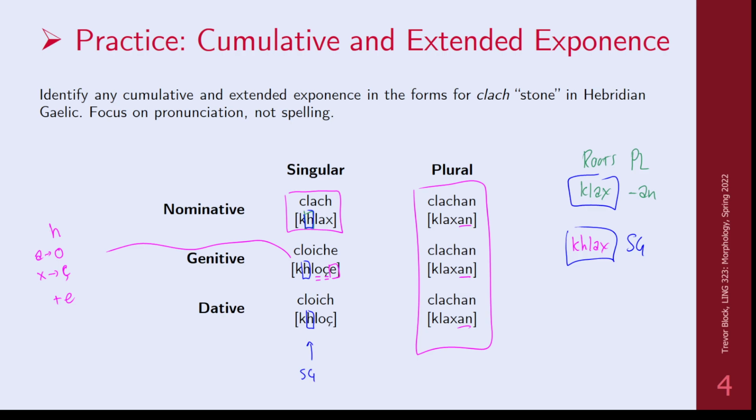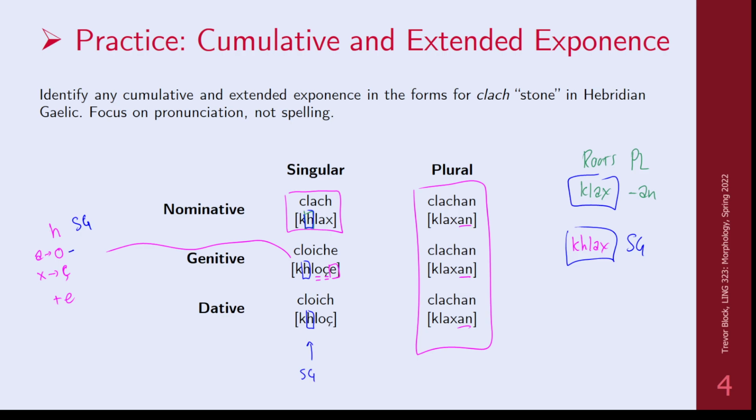So are we going to see cumulative exponents in here? We can reason this out. We don't have to know which morphs in here correspond to which meanings. But we do know that the h signals the singular form. Now, what do we know about the vowel change?